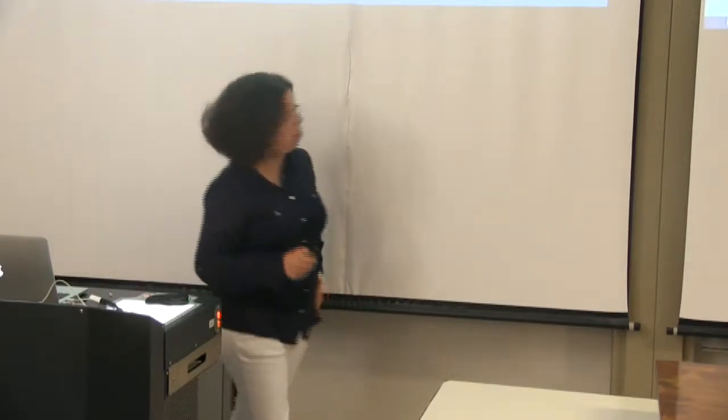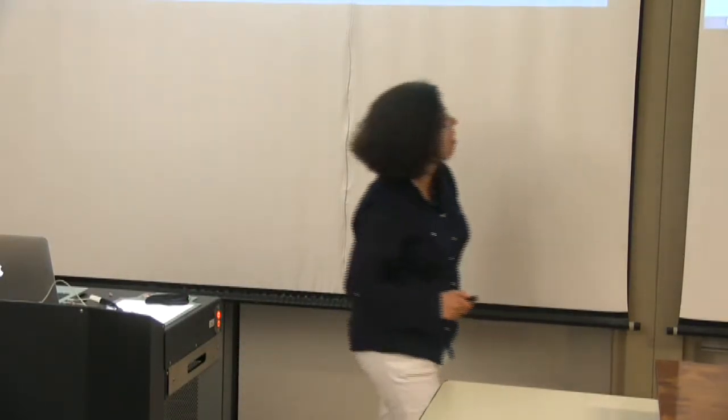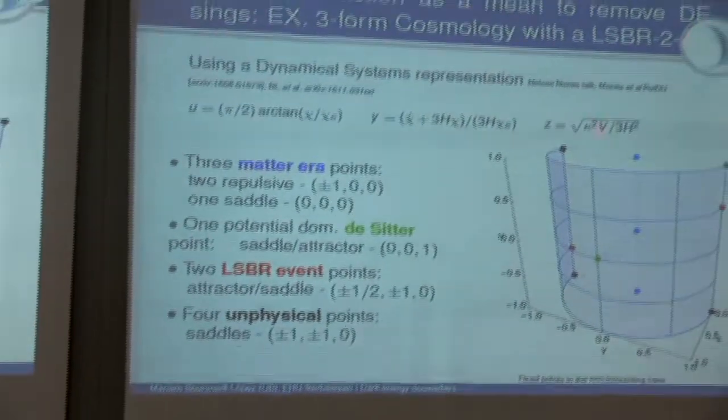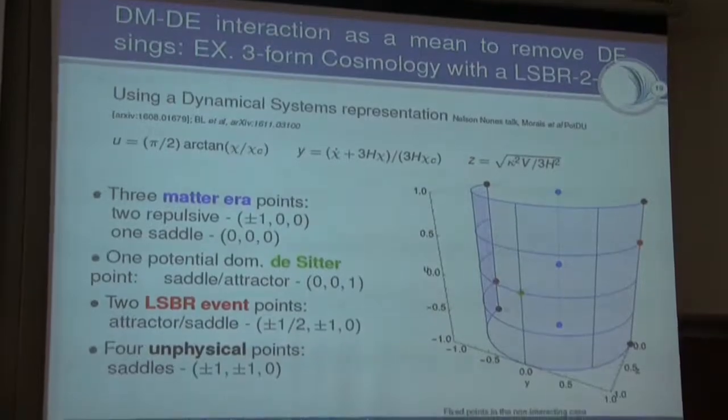Before moving on, let me just show the shape of the dynamical system in the absence of interaction. In the absence of interaction, there are 2 points that are important. One in the past, which is the blue one here, which corresponds to dark matter.